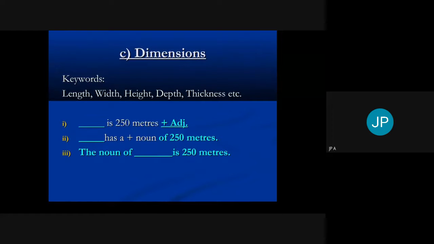But if it's a rectangle, the length will be one measurement, the breadth will be another measurement. So we may have to take the measurements of these parts. So length, width, height, depth, thickness, etc. So that is about the dimensions of the object.